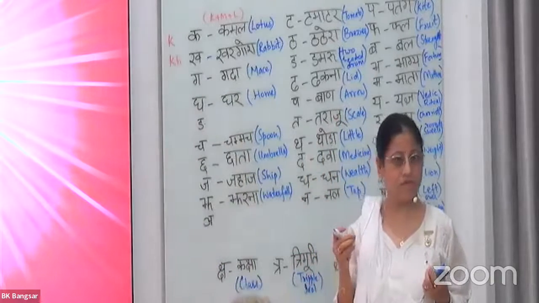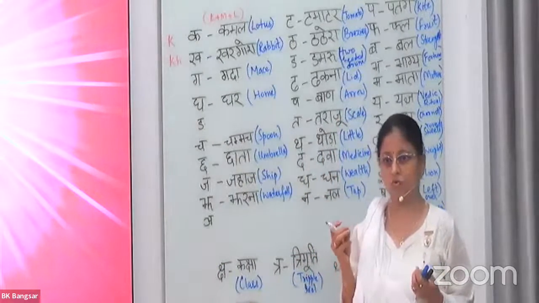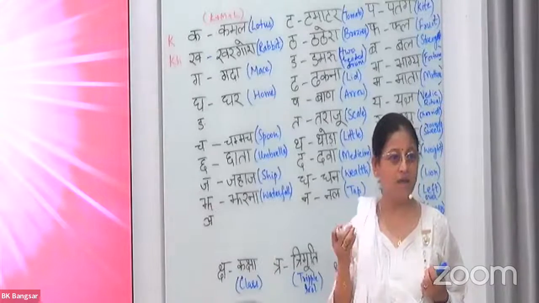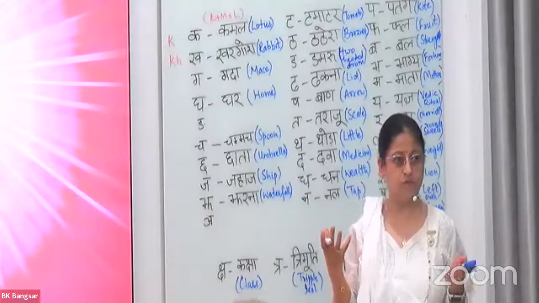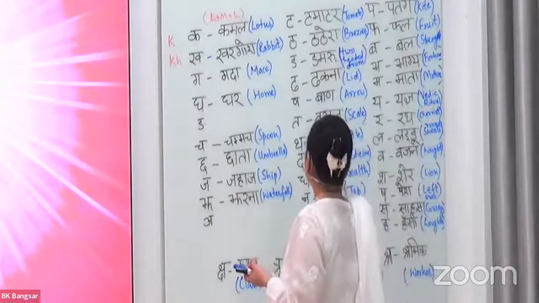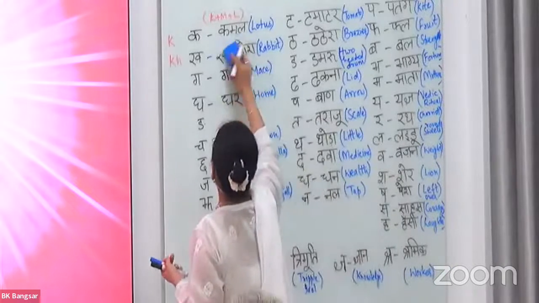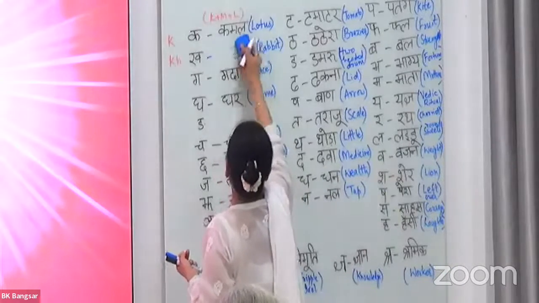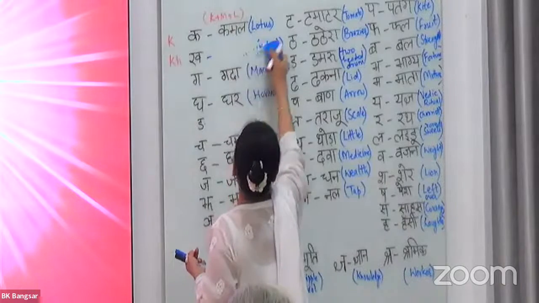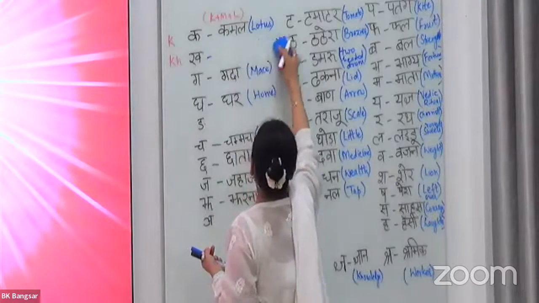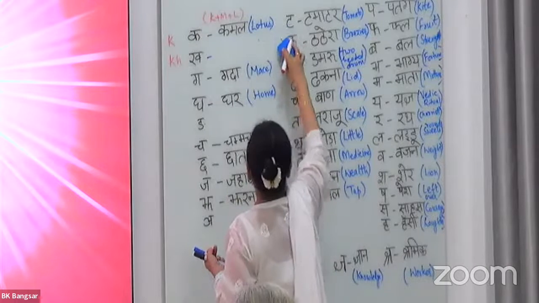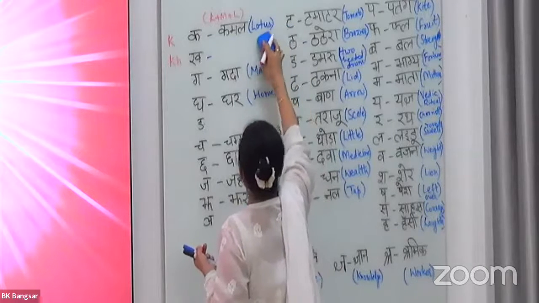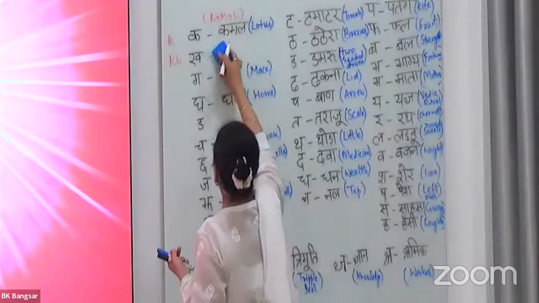Then is Kh. Khargosh, Khana. Khana is food, right? I changed it to Khana, easy. Khana kha liya, khana.